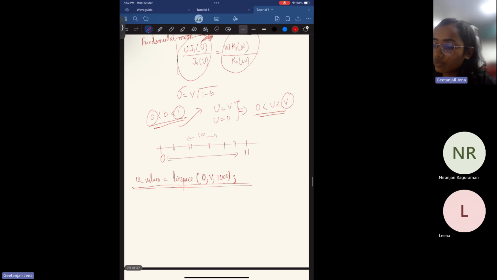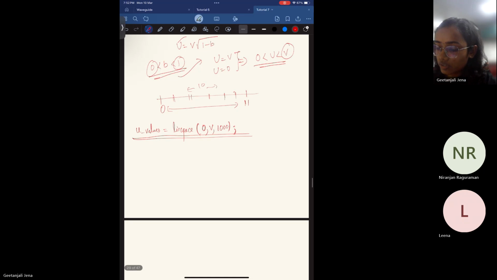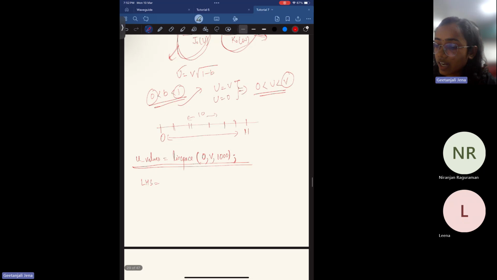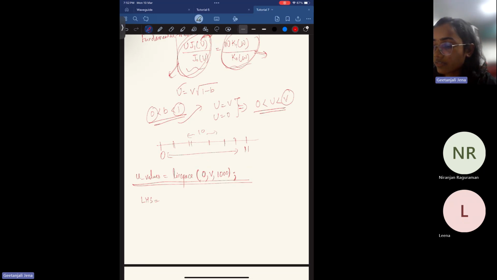Now just define a variable for this part and a variable for that part. Name the LHS and RHS so that you can use them in the loop. Before that, we should initialize the LHS and RHS. In any language, it is always good practice to give some values in the initial condition.